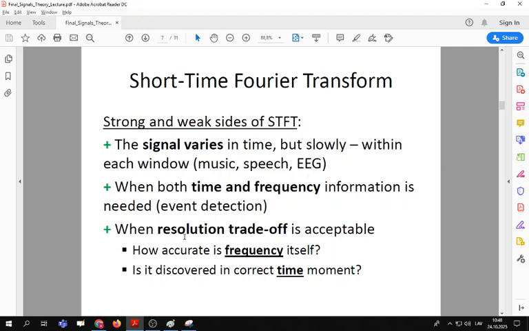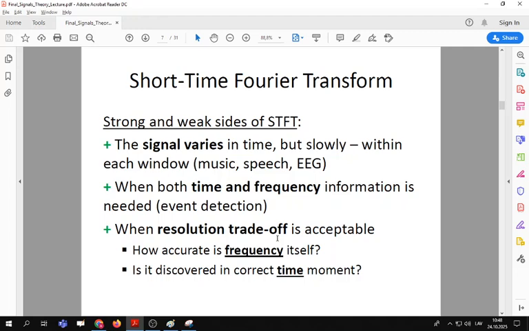Now, we also need to say here that we cannot avoid this resolution trade-off, like I said, accuracy for frequency or accuracy for time. You cannot have both, so you have to trade one for another. If you want better accuracy in time, you will have to deal with worse accuracy in frequency, and vice versa.